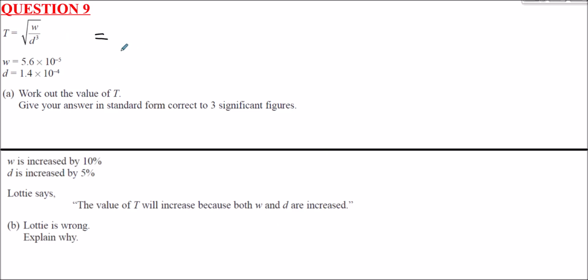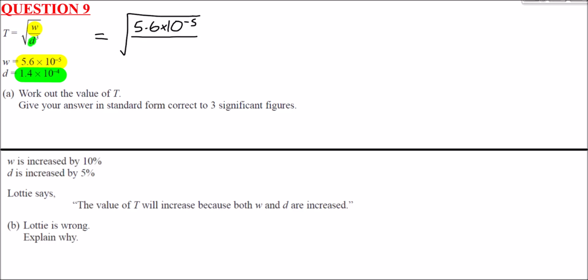So t is the square root of w. Now we're told w is 5.6 times 10 to the minus 5. So put it on the top, within the square root. Now this is where people will often make a mistake. I'm doing d cubed, so d is this, and it's cubed.